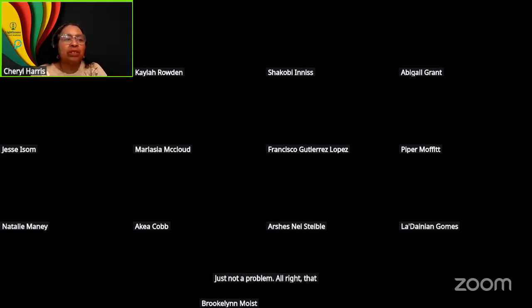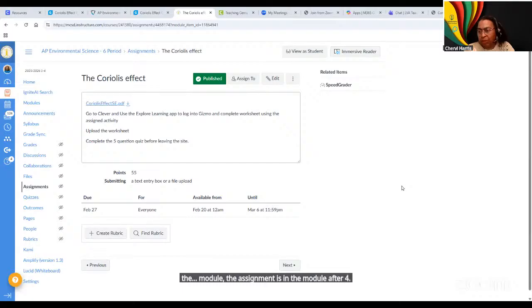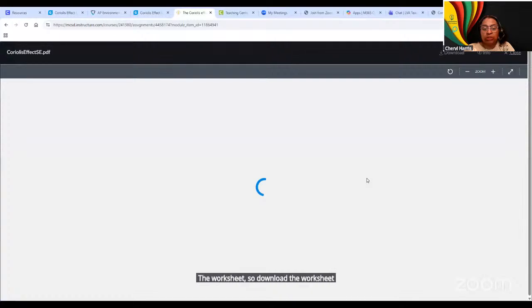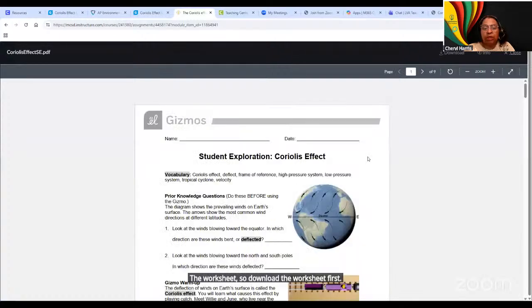All right, so the assignment is in the module after 4.4. It's actually after 4.4 FRQ. So that's where you'll find it. The worksheet, so download the worksheet first, and then go to Gizmo through explorelearning.com or Explore Learning.